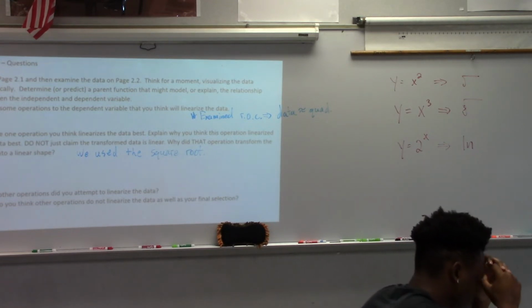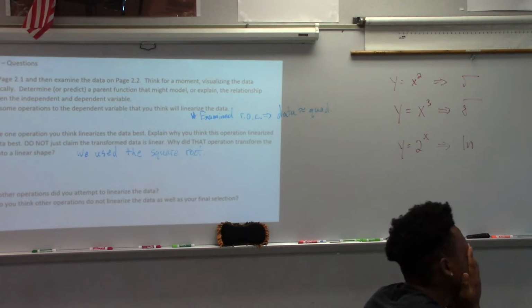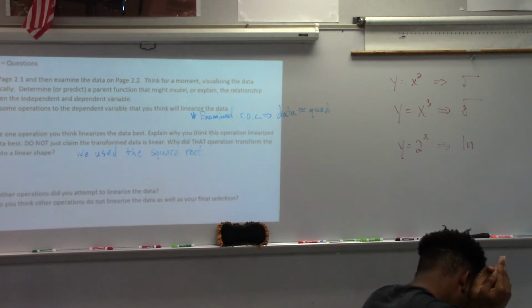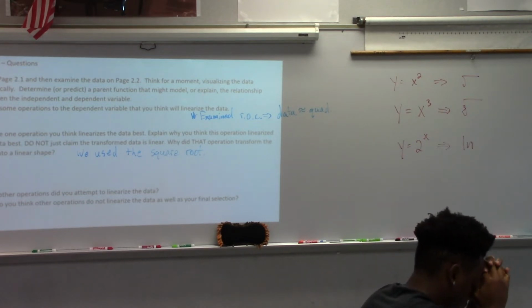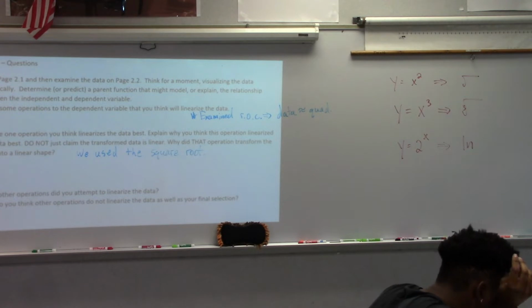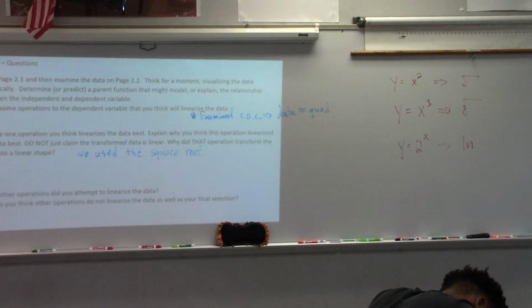Okay, so then why do you think other operations do not linearize the data as well as your final selection? We ended up with square root very quickly. Why would other operations not linearize the data as well as the square root? Because it's not the right inverse. It's not the inverse of the type of function. That's a huge thing to notice here, right?